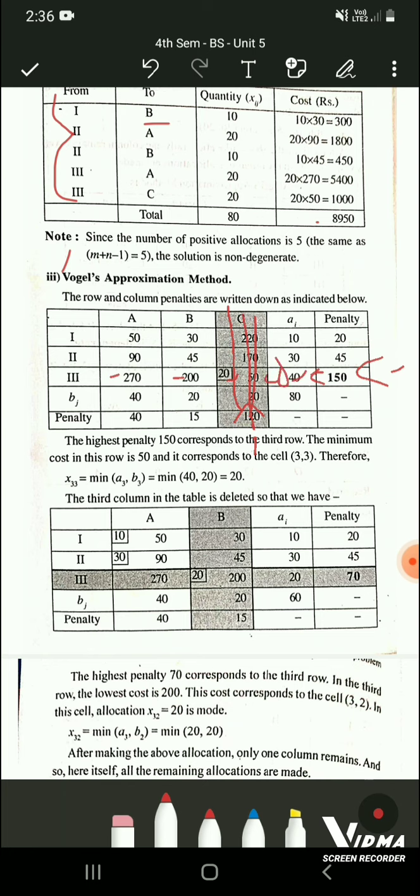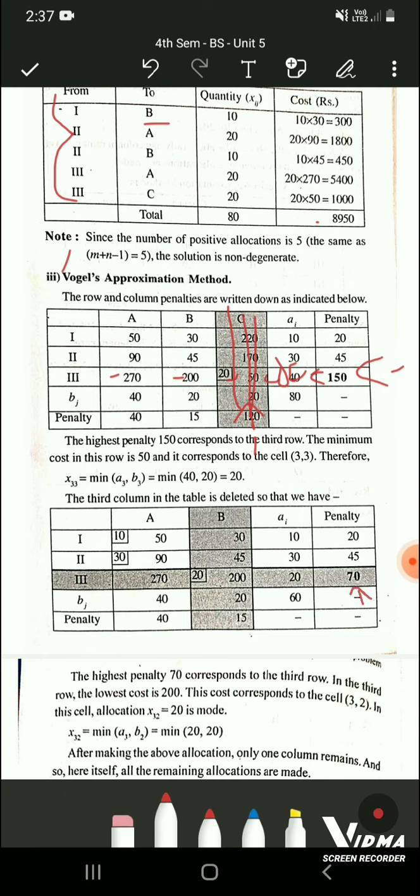Again repeat the same steps till all the allocations are made. So in place of 40 now we have written 20, if you can see. Again make a column for penalty as well as for row. So once you get the penalties, check for the highest penalty value. So again it is for third row with highest penalty is 70.